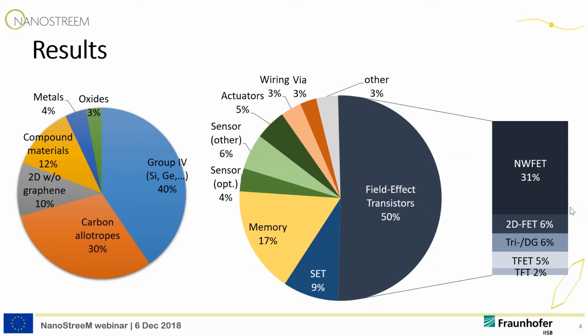With respect to the application, we see a big stake in the field of field effect transistors. Okay, that's the workhorse of the semiconductor industry, and it's clear that this will be the predominant application class. Single electron transistors come with the same color because they can also be counted to field effect transistors.